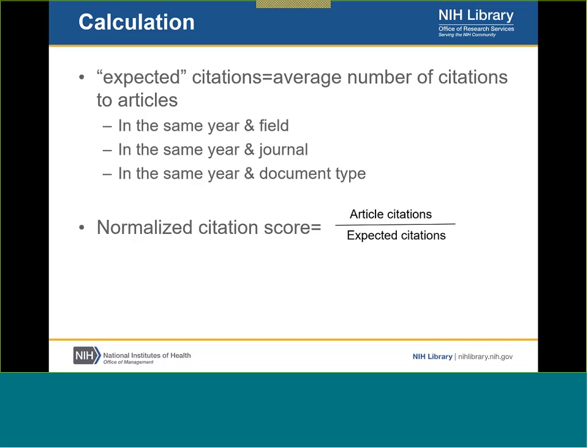So basically, this is how they calculate those normalized citation scores. We have the citations of your specific article, and then we compare your citations against the expected citations.